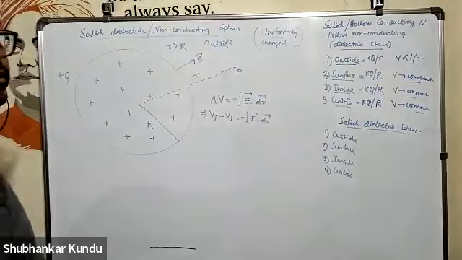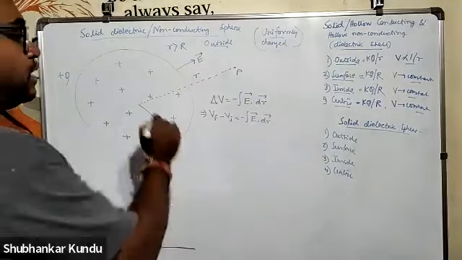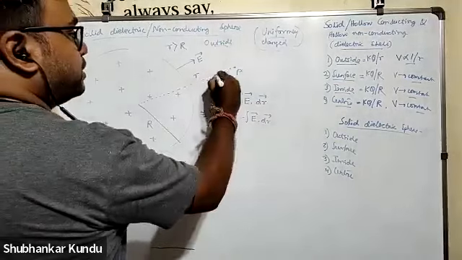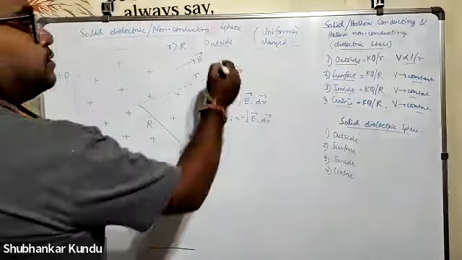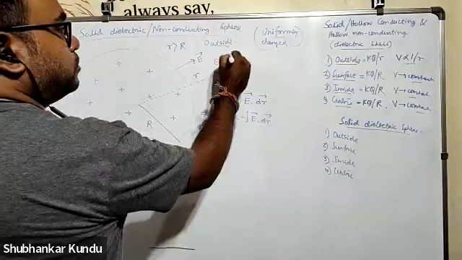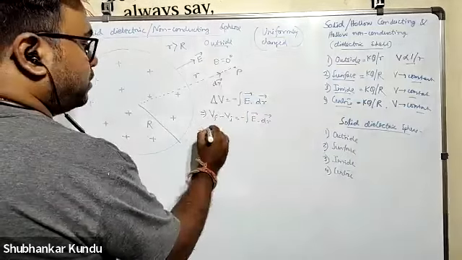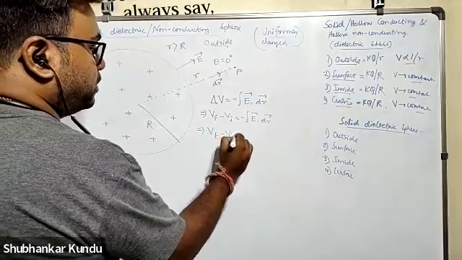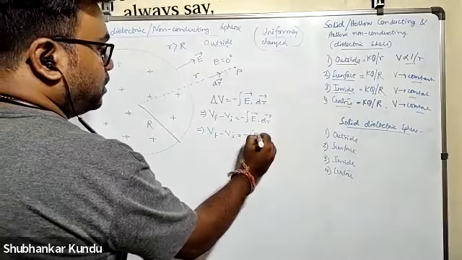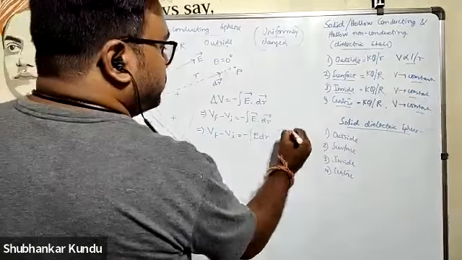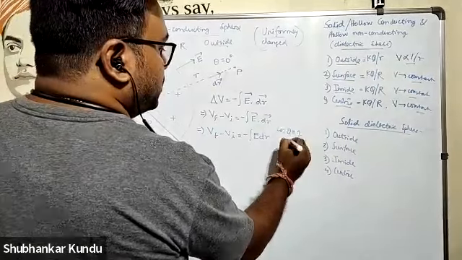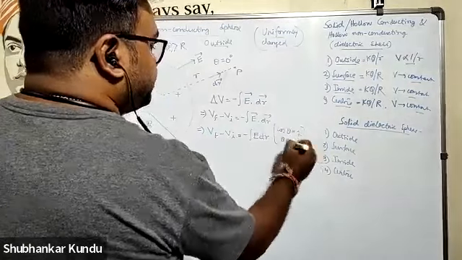The direction of dr is always taken from the center, so dr will be directed this way. So E and dr are in the same direction, theta is equal to 0 degrees, and cos theta is equal to 1. So V final minus V initial is only E dr.